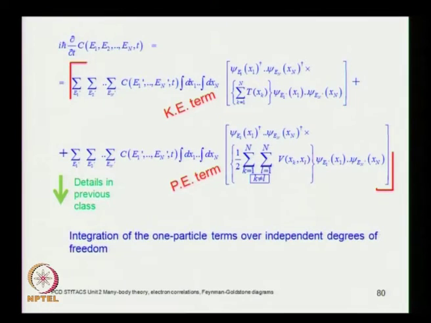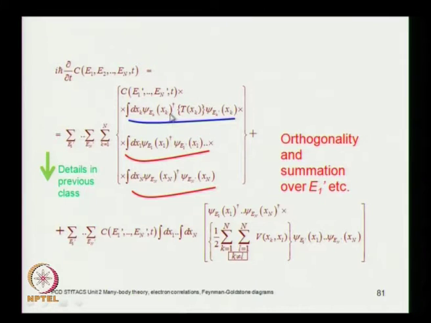Okay. And then we carried out integration over all the independent degrees of freedom separately. So, the only thing which remains to be integrated are those terms such as the kinetic energy operator or the single particle operator, which is sandwiched between Ek and Ek prime when the arguments of both of these are xk, because the integration over xk is independent of that over any other coordinate.